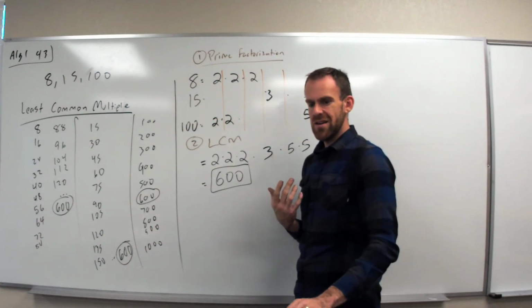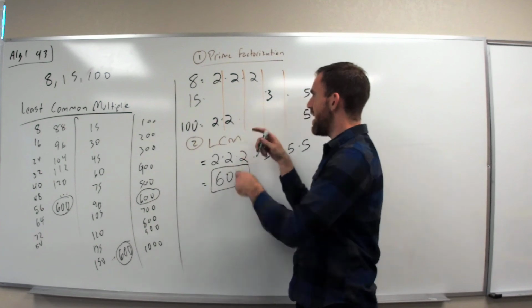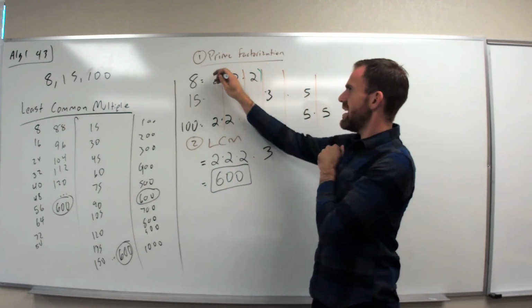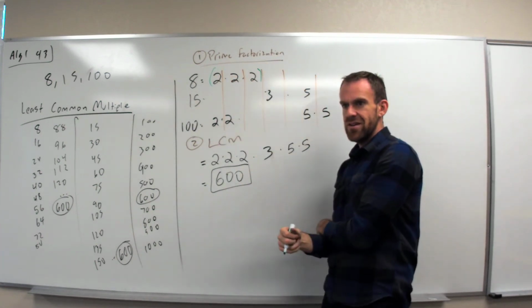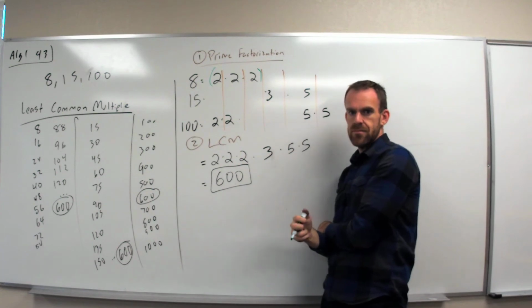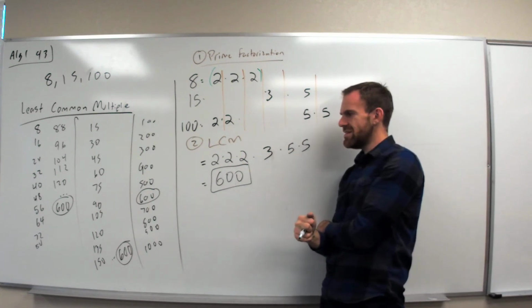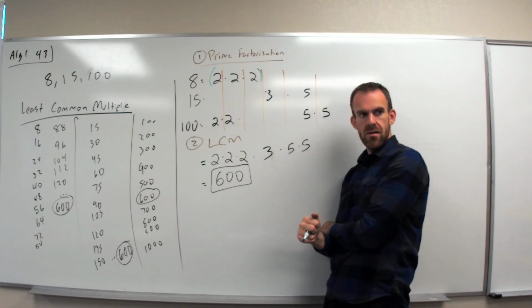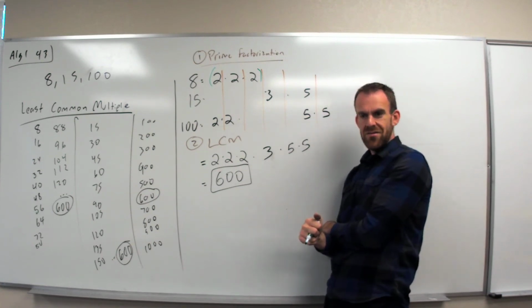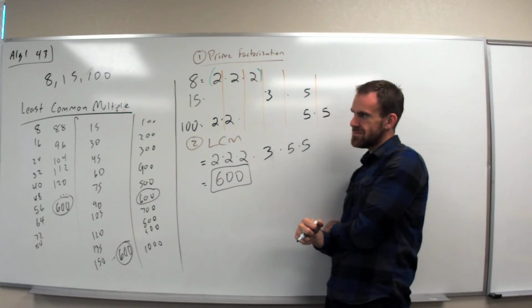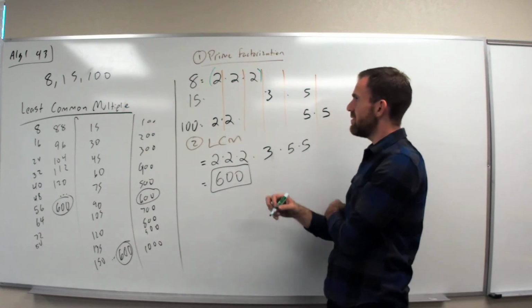Now here's a different way to think about it. Why do I have to include everything? Well, because 8 times what is 600? 75.